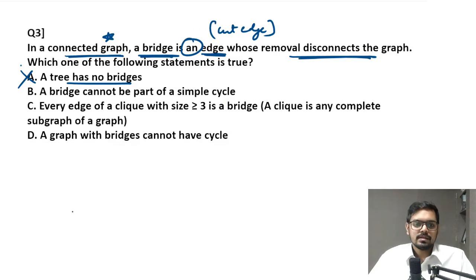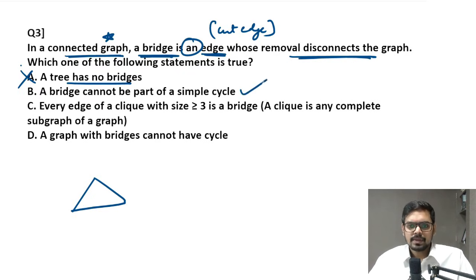If you have a simple cycle like this, they are saying a bridge cannot be a part of the simple cycle. Yes, in a simple cycle, if you remove this edge, it is still connected, it is not disconnected. If you remove this, still it is connected. So no edge behaves as a bridge, so a bridge cannot be a part of a simple cycle.